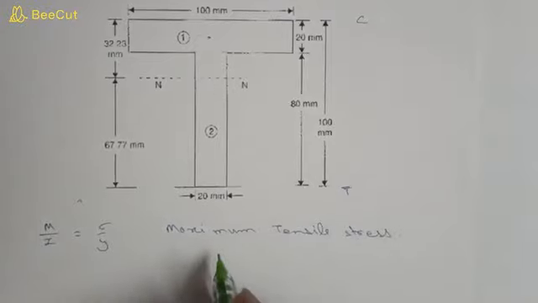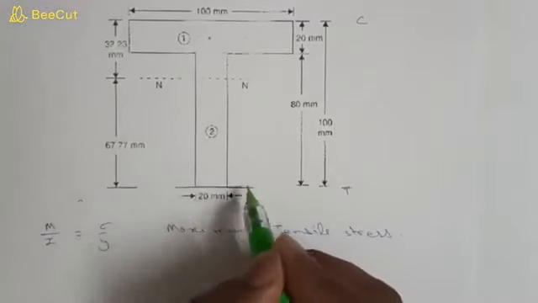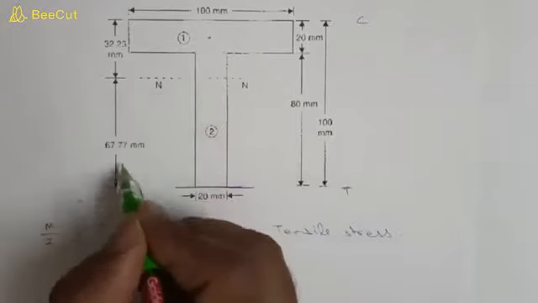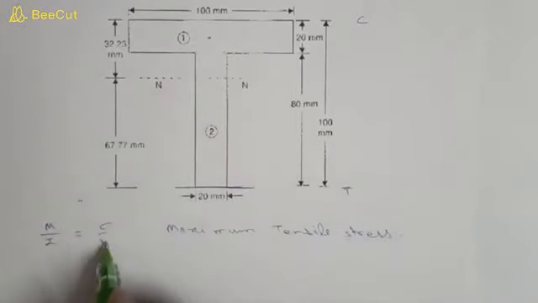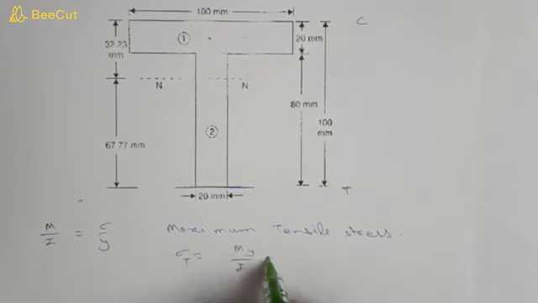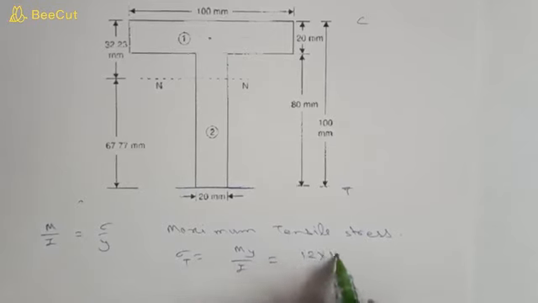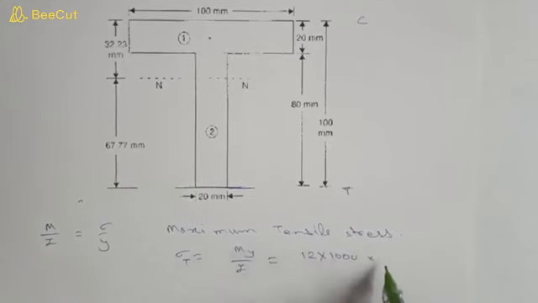We have to see that maximum tensile stress will occur at this outermost section. This distance is 67.77, so y will become 67.77. So sigma tensile is equal to M y upon I. M we have already calculated, 12 kilonewton meter, which is equal to 12 into kilonewton, means 1000 newton, per meter.